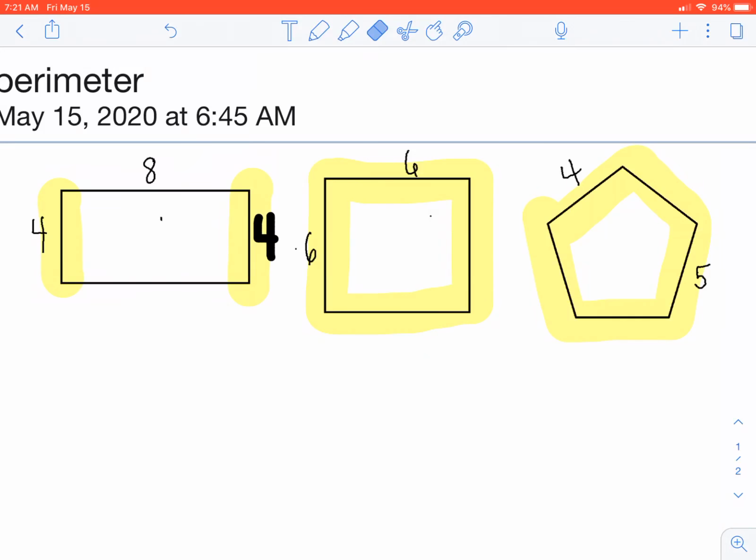And then if we look at the top side of the rectangle, that is 8 feet or 8 inches, we know the opposite side is going to be the same size, 8 feet or 8 inches.